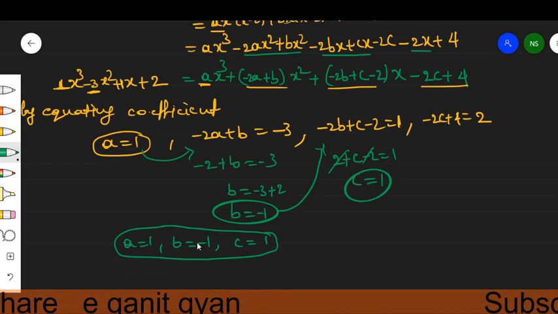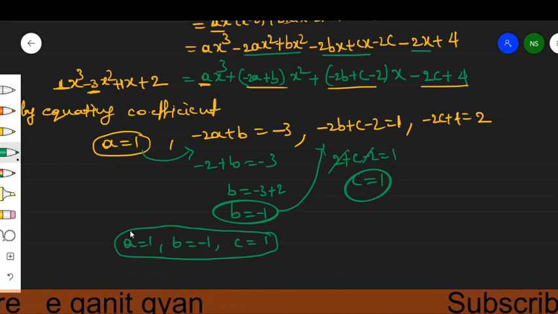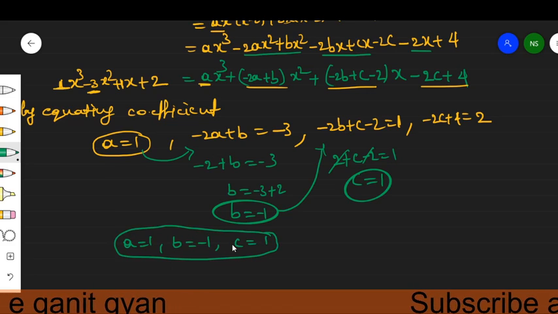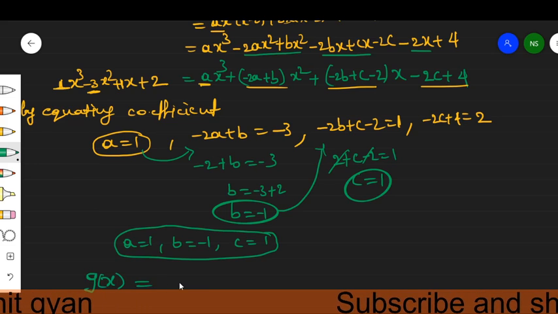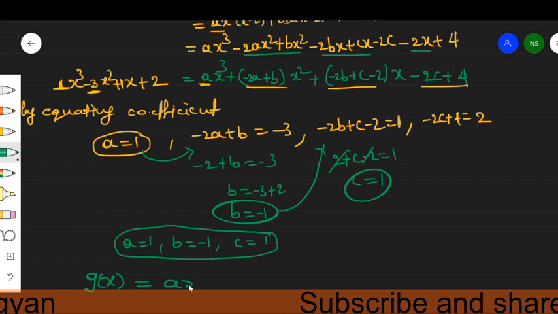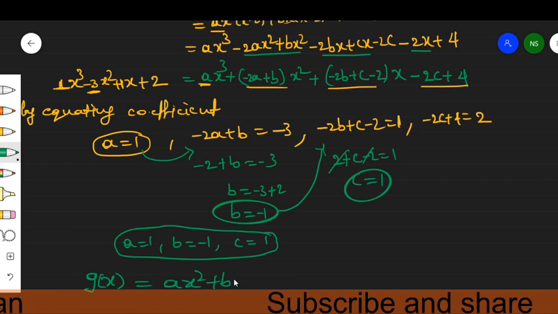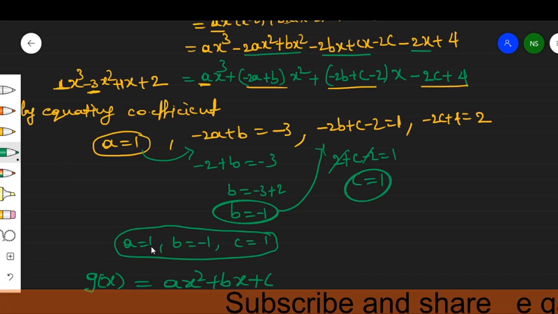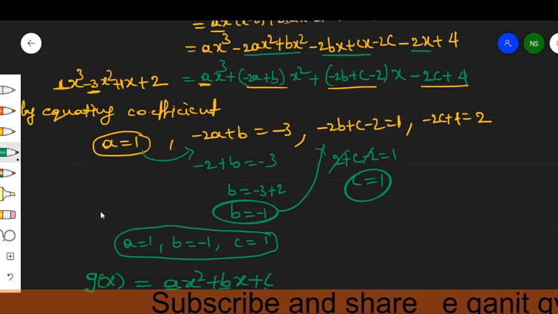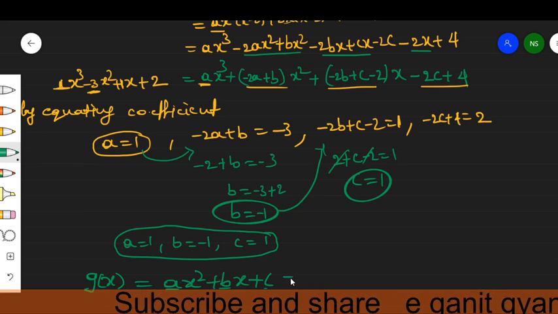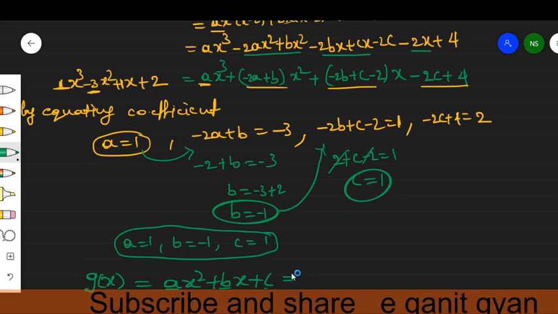So after getting this a, b, c value, what do I need to find out actually? I wanted to find out what is the divisor, which is g of x. I assumed this one at the beginning as ax square plus bx plus c. Here I got a, b, c values. Actually these 3 are constants, so I can write those values and write the final answer.